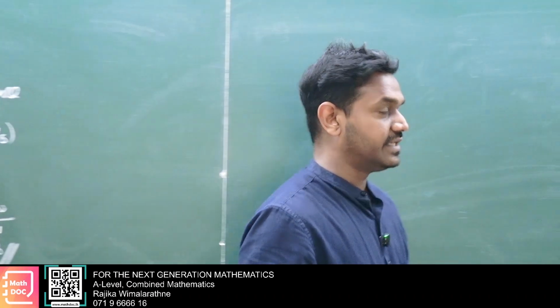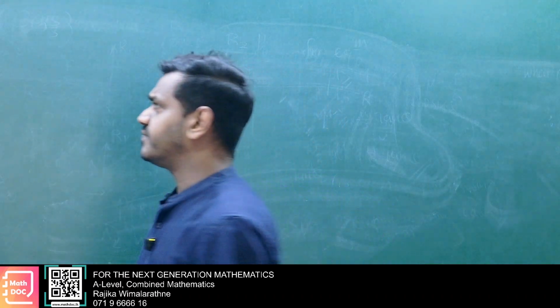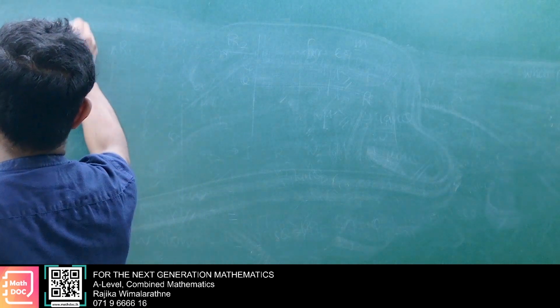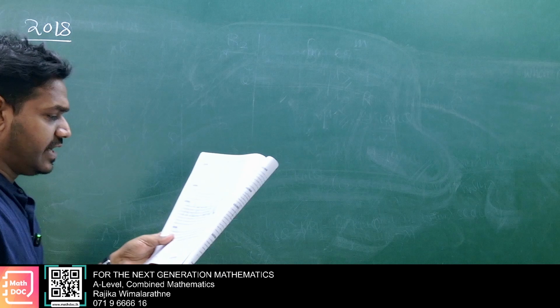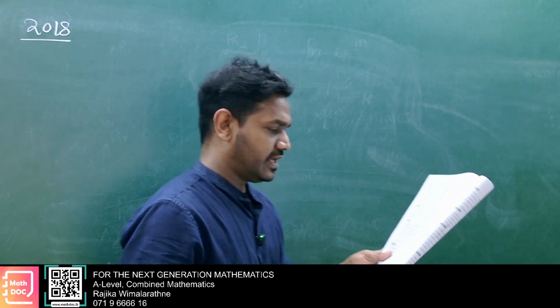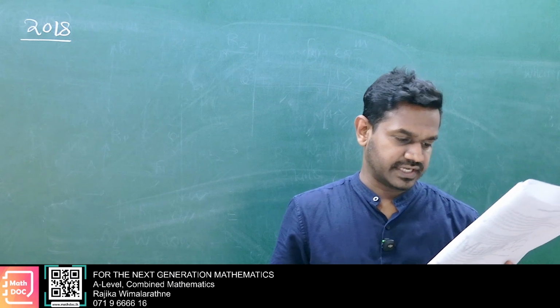Okay, then 2018. A uniform rod AB of weight W, length 2A, has end A placed on rough horizontal ground and B against a smooth vertical wall.